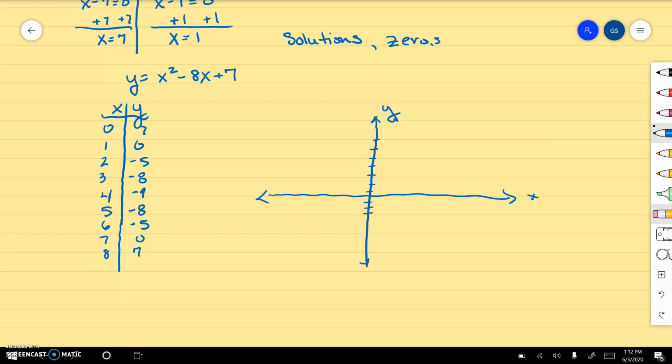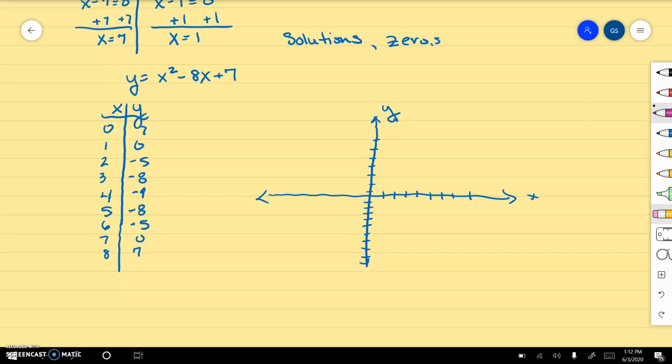So 1 through 9 down. We're going to be going out from 0 to 8. All right, so this is how we're going to estimate this, or sketch it, as they say.